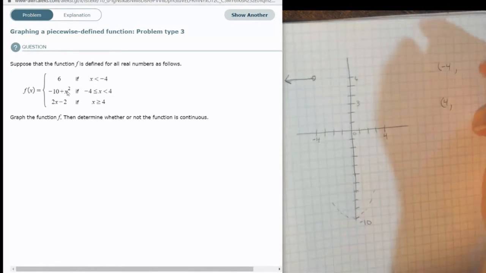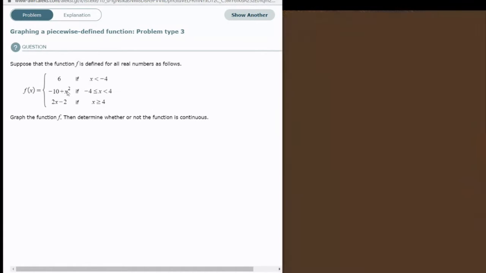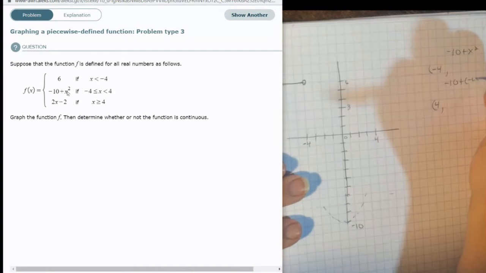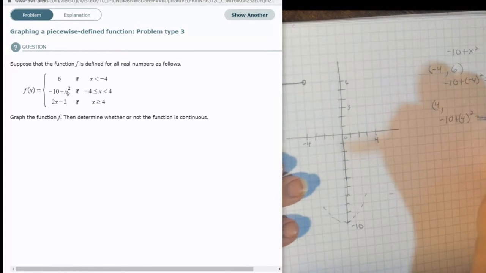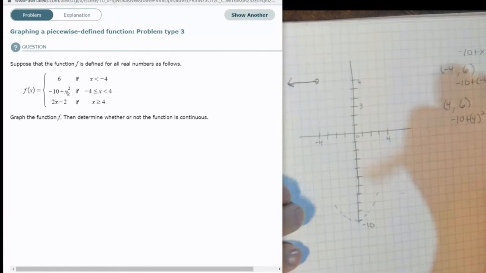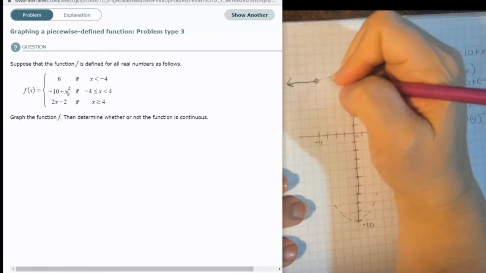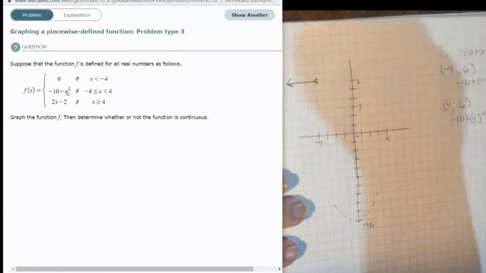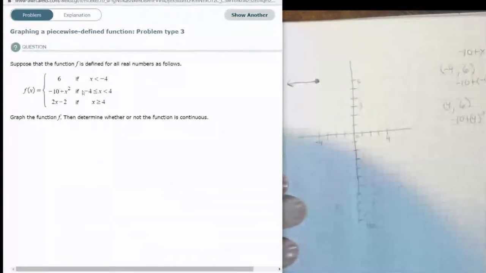So if I look at -10 plus x squared, and I plug in my values, -10 plus -4 squared, 16 minus 10 is 6. Plug in 4: -10 plus 4 squared, 16 minus 10 is 6. So I know that this is going to go up to -4, 6. And that one has an equal to, so we color it in, because this has equal to right here.